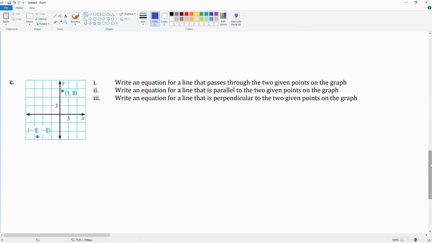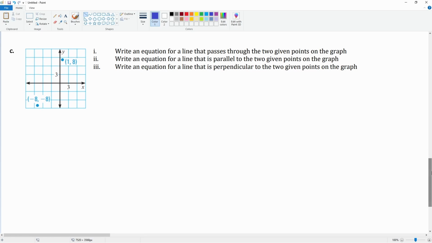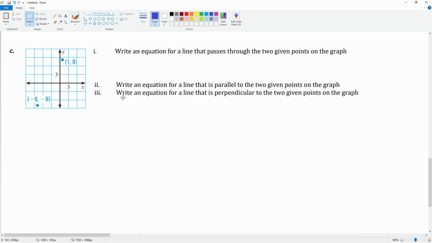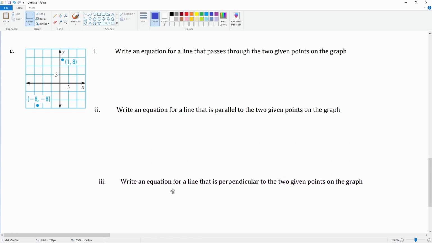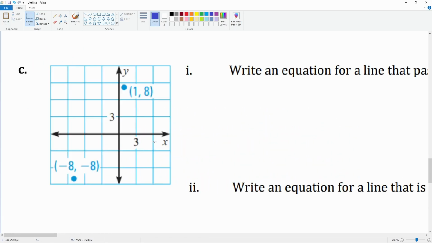Let's now take a look at C. Same thing here. We have to find the slope first, but this time we also have the image. So let's just count, and it looks like it's positive. Let's find the slope. So let's count.